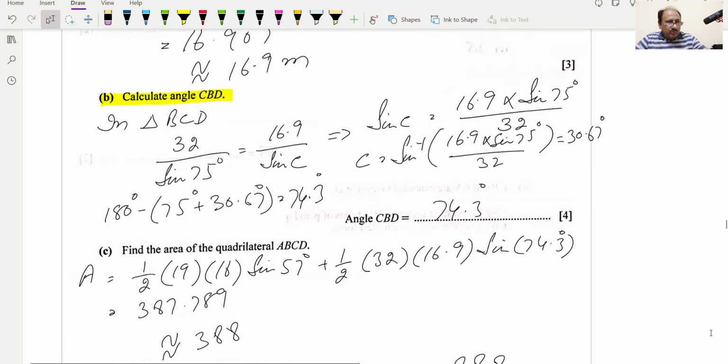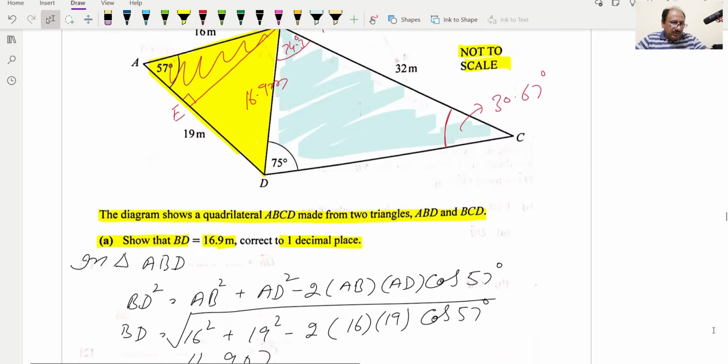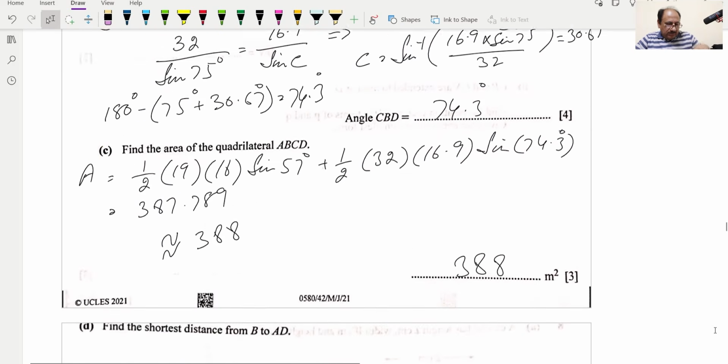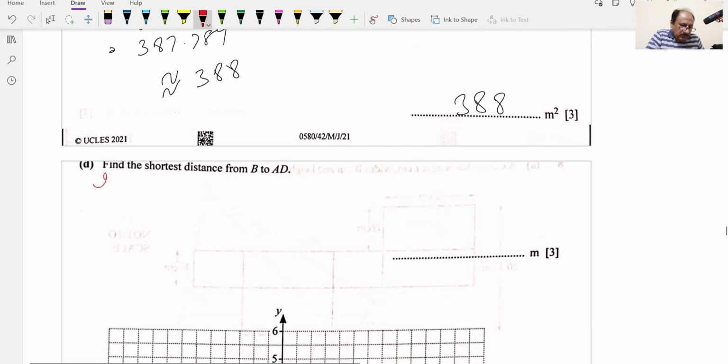So in triangle ABE, we can write BE over AB is equal to sine of 57 degrees, and AB is 16. So basically this is BE, not AE.